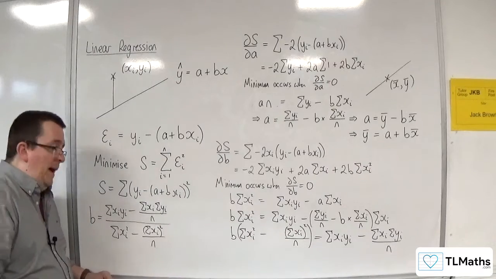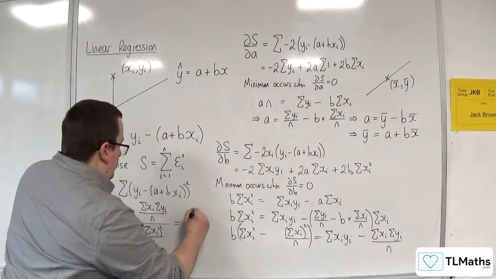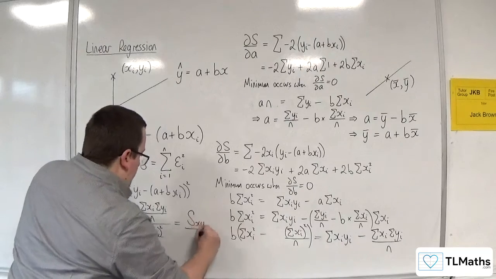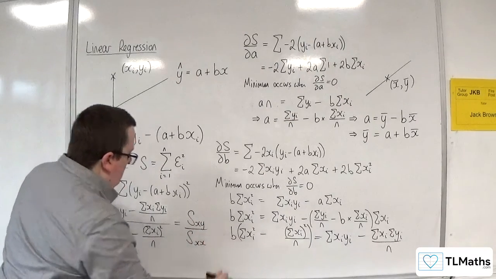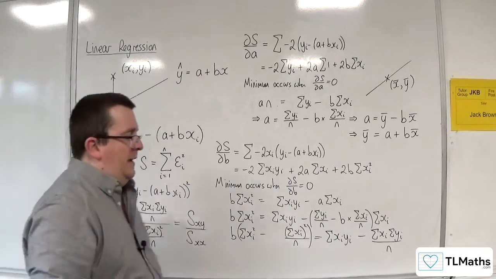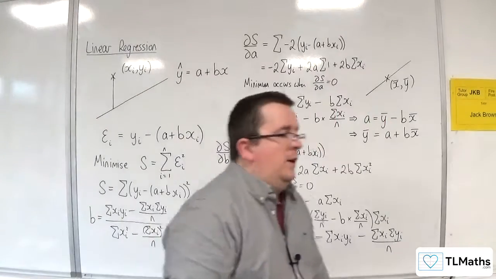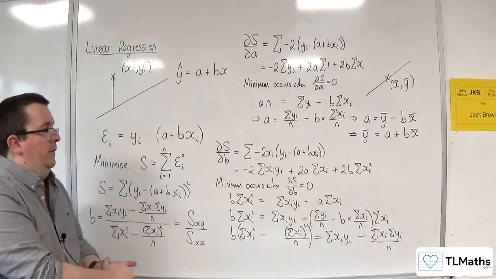Now if you remember back to the previous section, that is Sxy and that is Sxx. And so that is how we can derive the regression line of y on x.